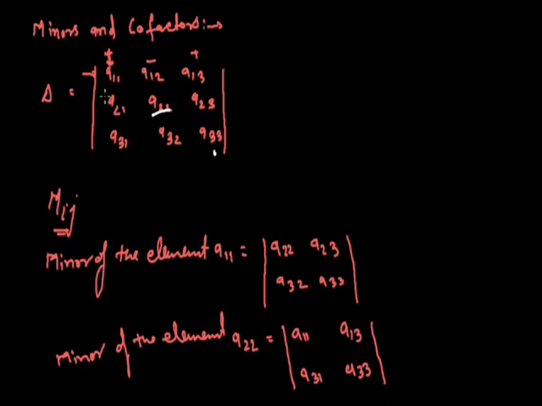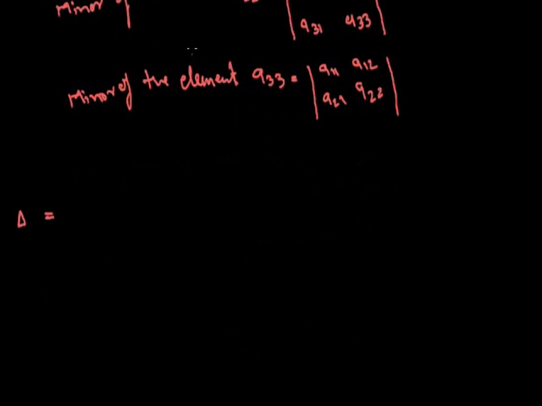For this we use the power of minus 1, whole power i plus j. Now here 1 plus 1 is an even number, so it is plus. 1 plus 2 is an odd number, so minus sign. 1 plus 3 is an even number, so it is plus.